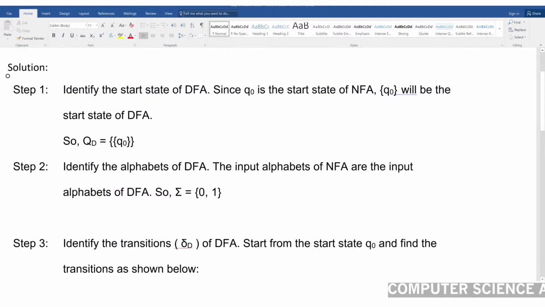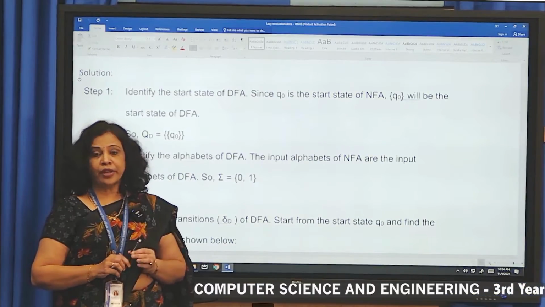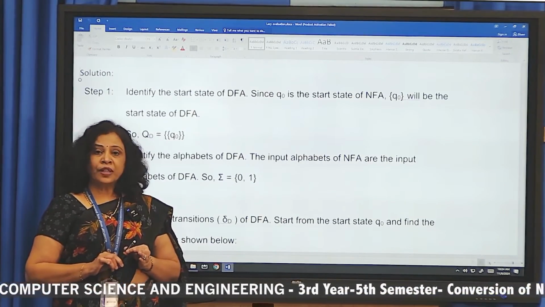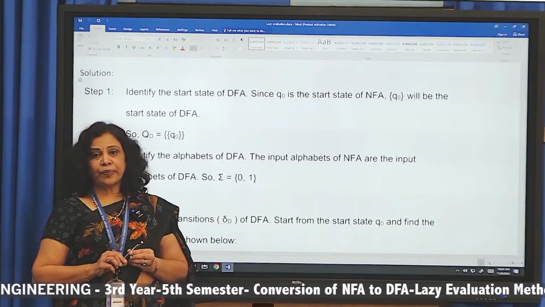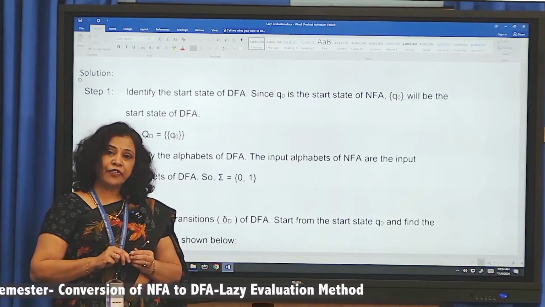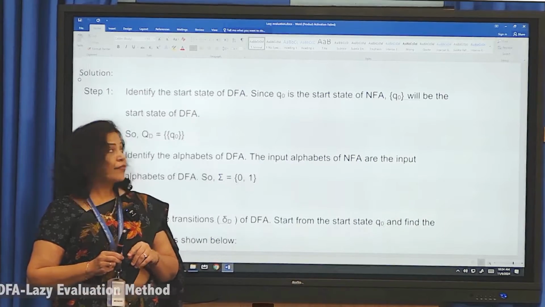So step 1 is identify the start state of the DFA. NFA is given to us, we have to convert it to the DFA. For that, we will have to identify the start state of the DFA. So for this, we will see the start state of NFA. The same thing will become the start state of the new DFA.